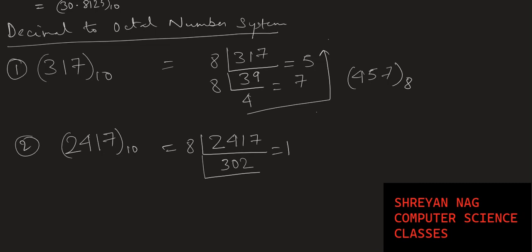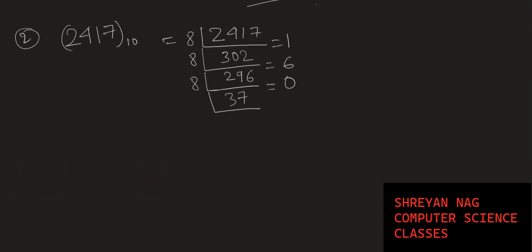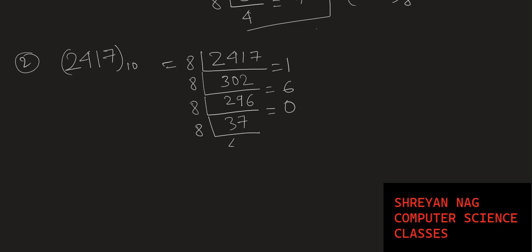Then again, dividing by 8, 302 divided by 8: 8 times 37 is 296. So the remainder is 6. Let's again do this. 37 divided by 8, 8 times 4 is 32, so the remainder is 5.